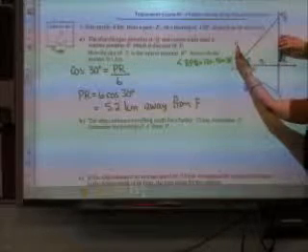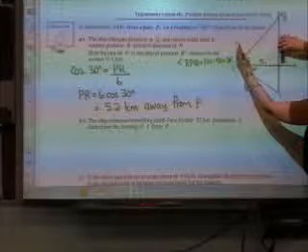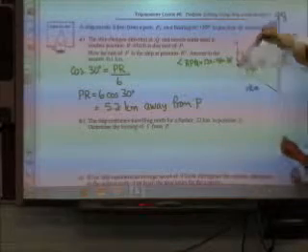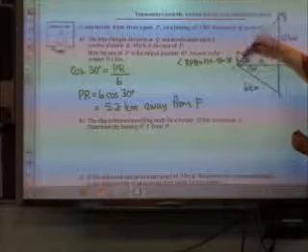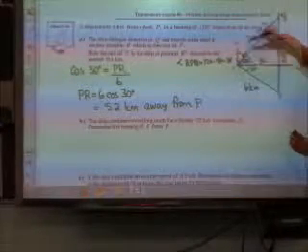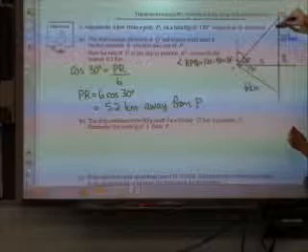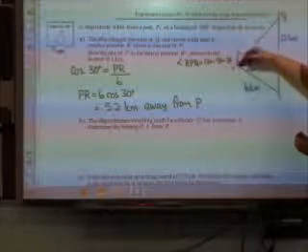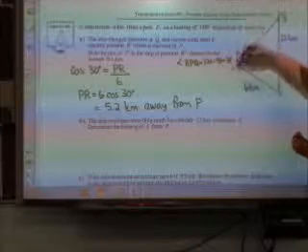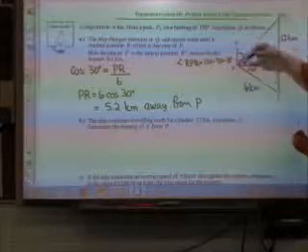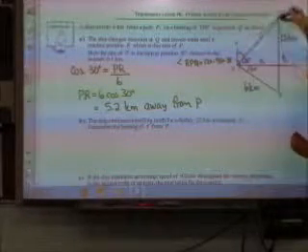These are two, what type of lines? Parallel lines. This is a transversal. So what do I have? I have alternate interior angles. So this angle in here, NPS, would be the same as PSR.